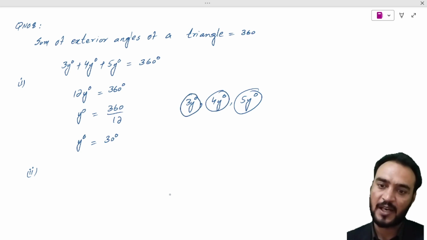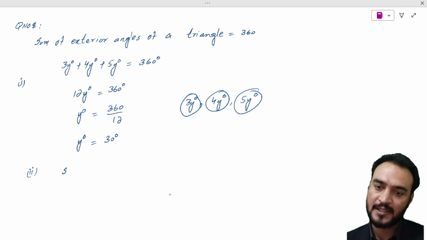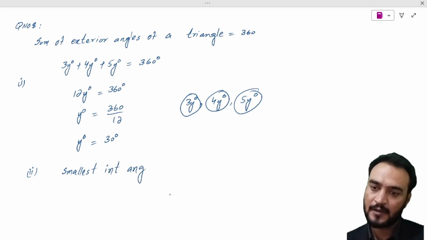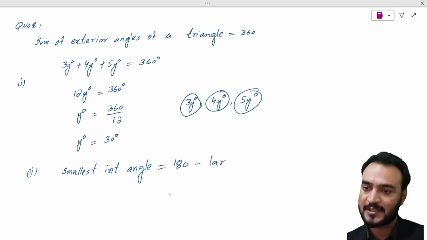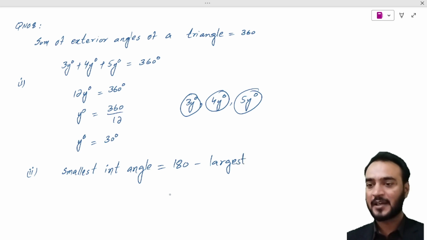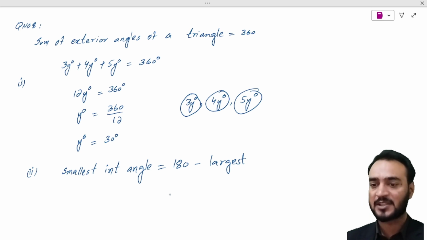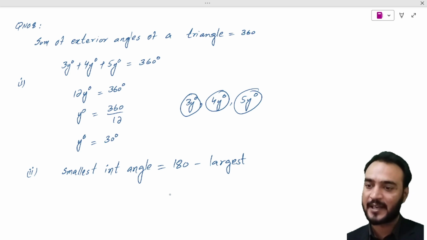We have to find the smallest interior angle, and the smallest interior angle is equal to 180 minus the largest exterior angle. This is the formula to find the smallest interior angle, because if we subtract the largest exterior angle from 180 degrees, the answer becomes the smallest. The largest exterior angle is 5y obviously.